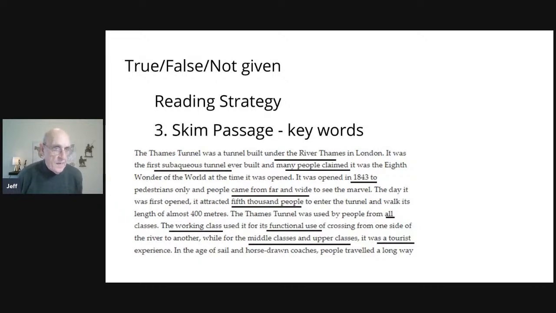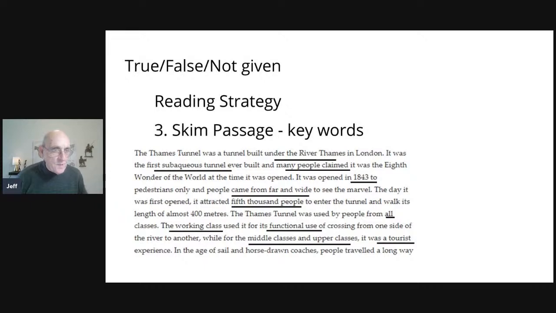I didn't have that date in the questions, but I always underline dates. Okay. And then I get to the next line and I see came from far and wide. Now that sounds familiar. It sounds like something I underlined in the questions, but it's not the exact same words. It's probably a paraphrase. And I think it might be a paraphrase from drawn from all over. Do you remember that phrase in the questions?